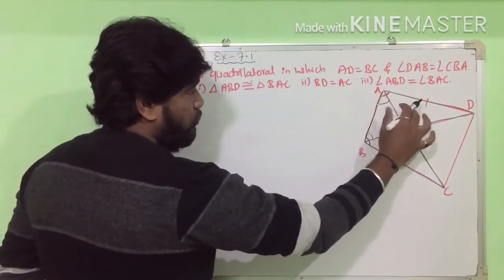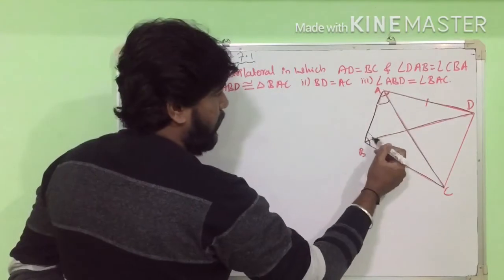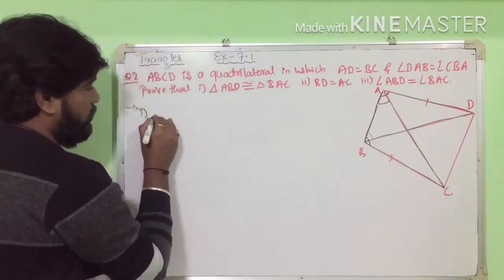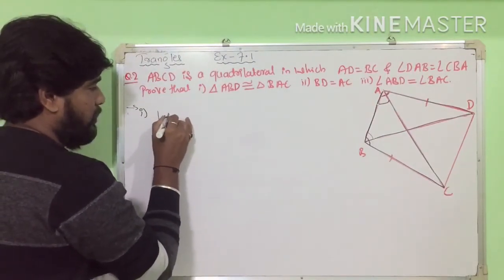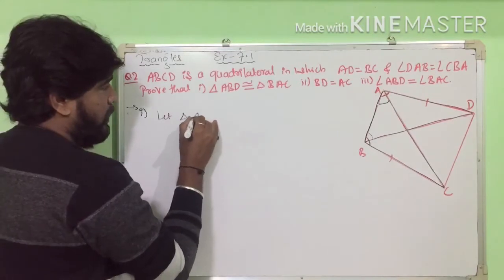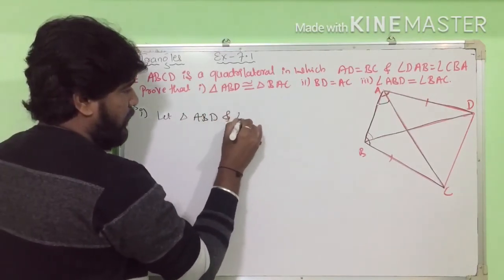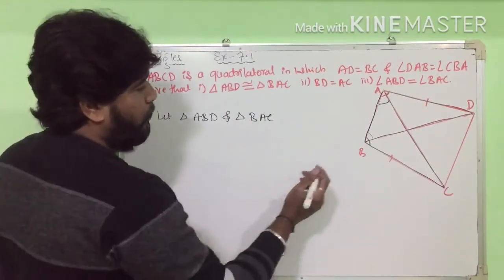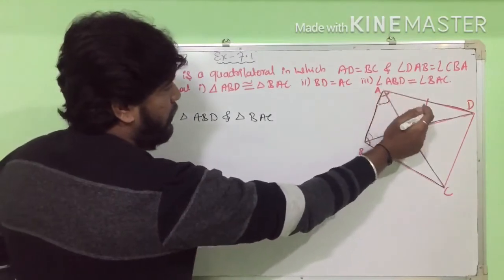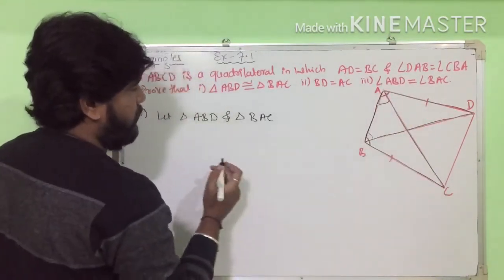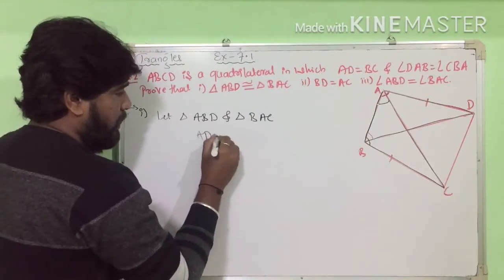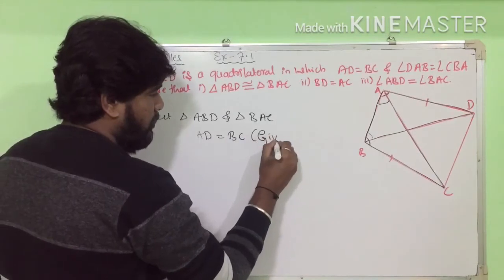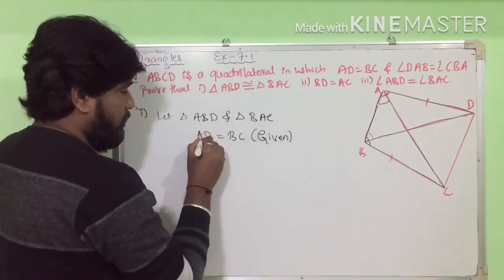So now in these two triangles, ABD and triangle BAC, we have AD is equal to BC, given, right?